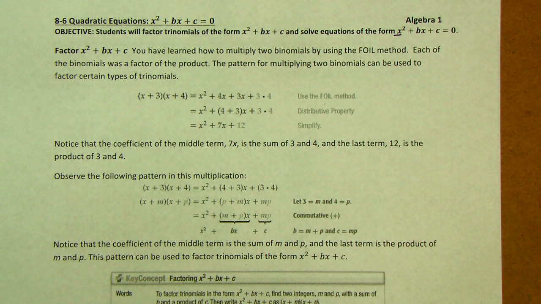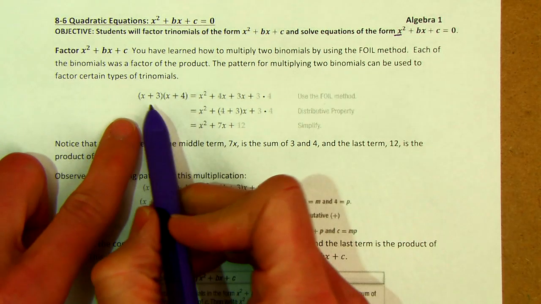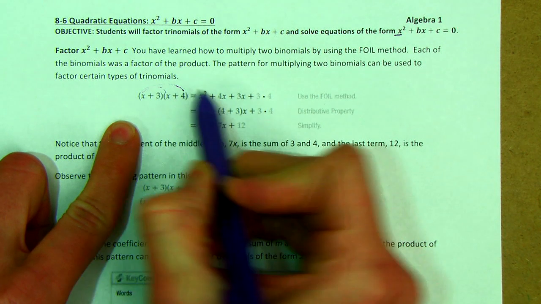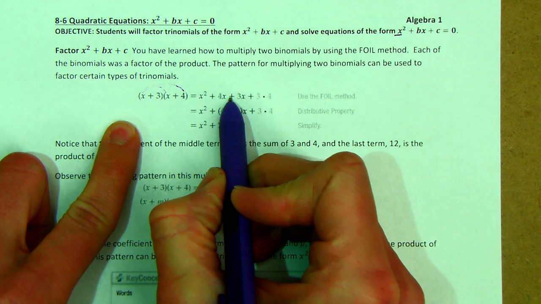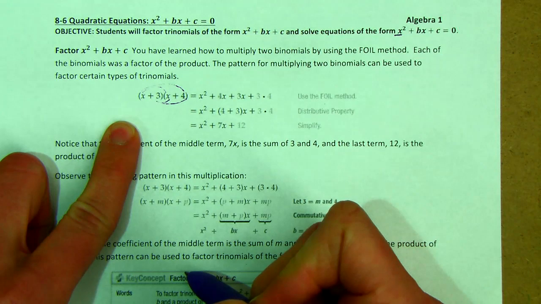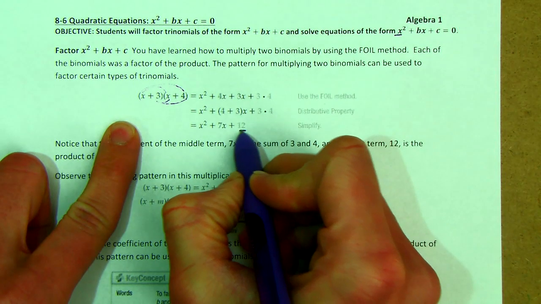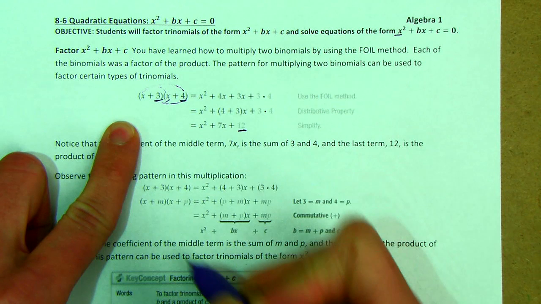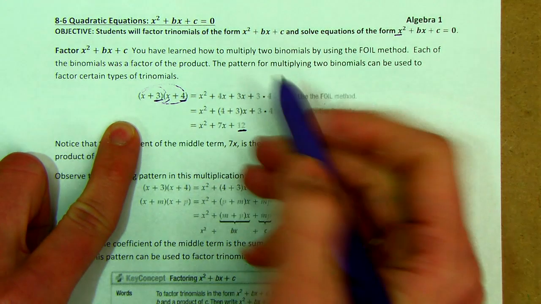What we are going to do is FOIL backwards. If we remember, when we FOIL, when we distribute both of our terms, we get x squared and then 4x, then we get 3x, and 3 times 4 is 12. You'll notice our final term comes from the product of these two numbers when we multiply them, and our middle term comes from when we add those two together.